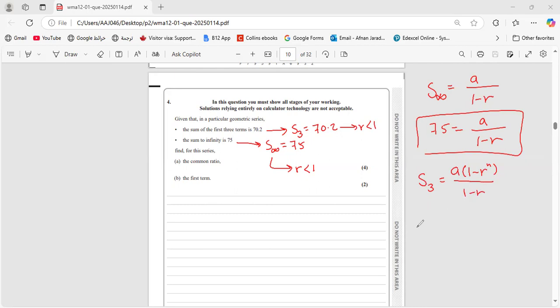So S3, which is 70.2, equals a multiplied by 1 minus r to the power of 3, over 1 minus r.